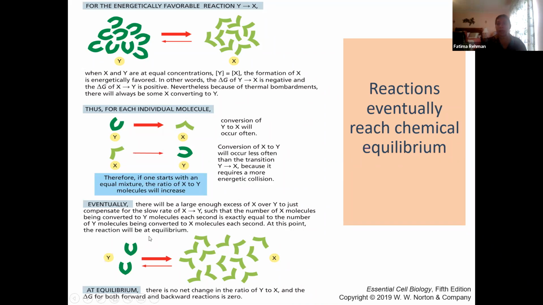It's the point where the change in your free energy is essentially zero. So going from step 1 to step 4, the overall change at that point is going to be no net change of energy. And that's where chemical equilibrium is reached between those reactions.